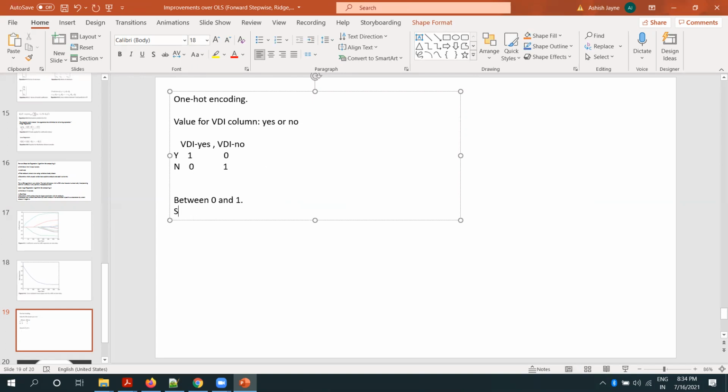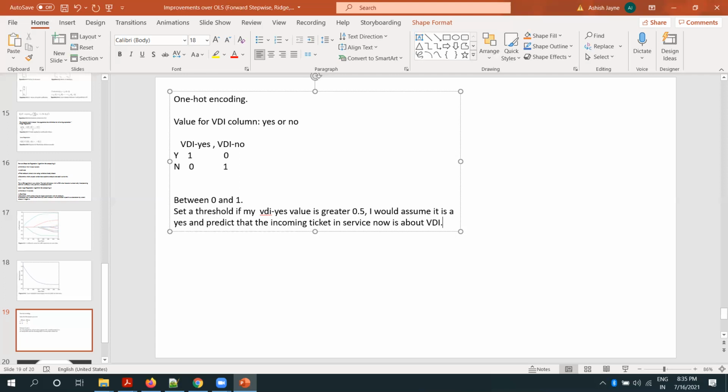Now you can set a threshold: if my VDI yes value is greater than 0.5, I would assume it is a yes and predict that the incoming ticket in ServiceNow is about VDI. Got it?